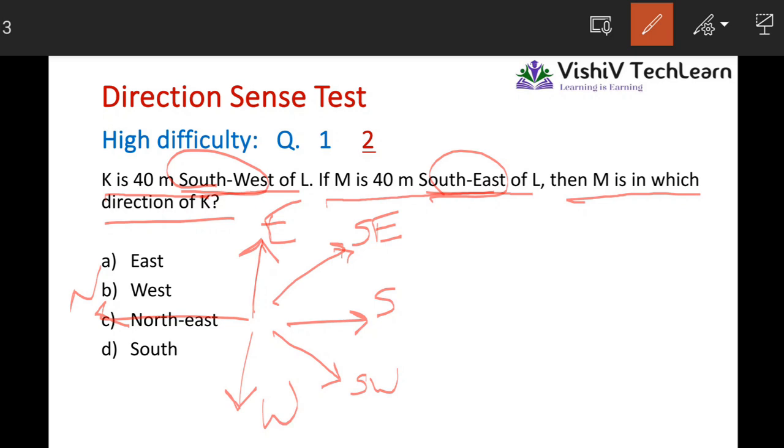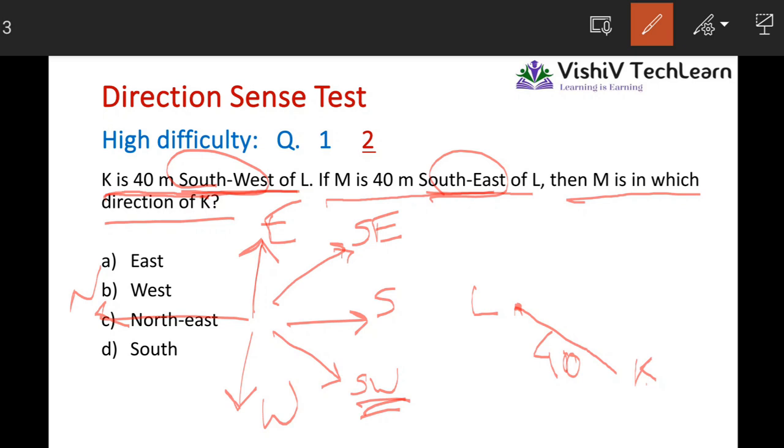Now what is given? K is 40 meters southwest of L. So let's consider this is L and K is 40 meters southwest. Southwest is this direction. So here we can consider K, 40 meters southwest of L.